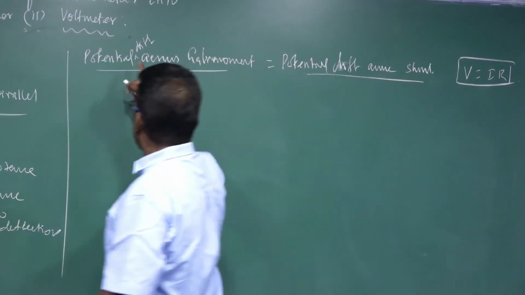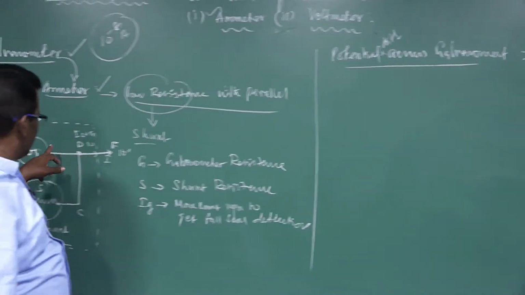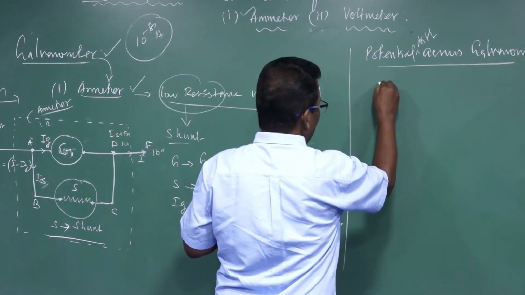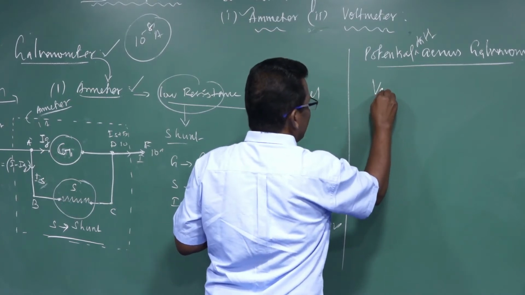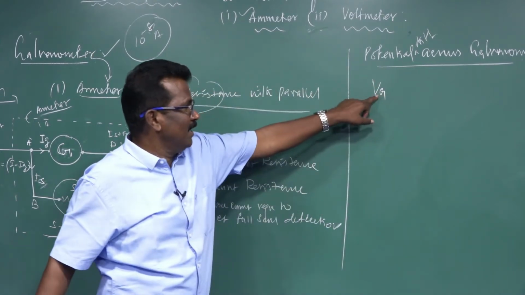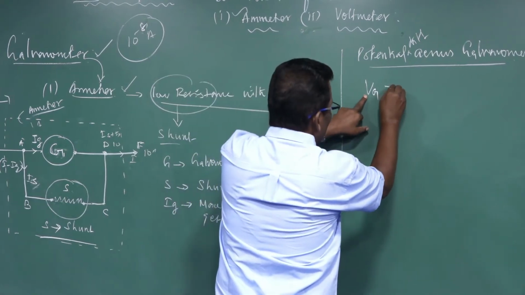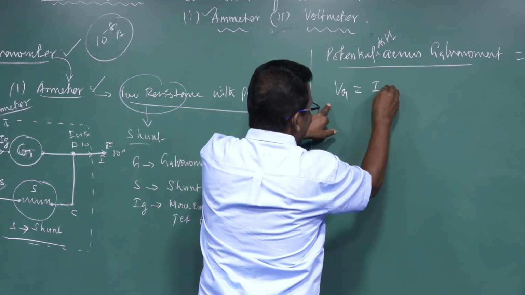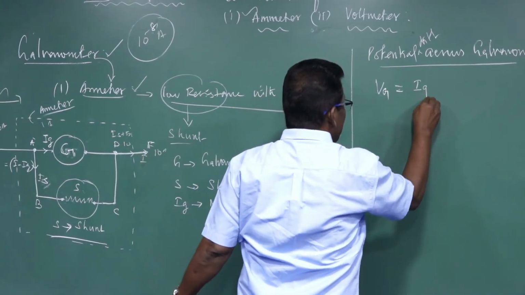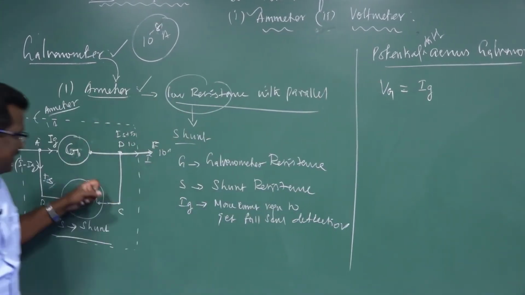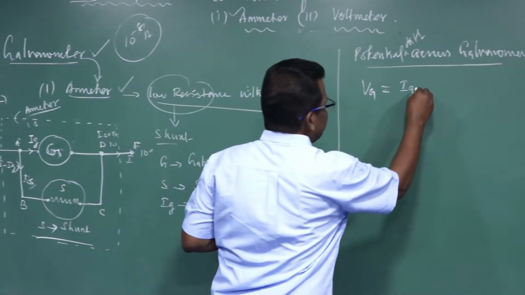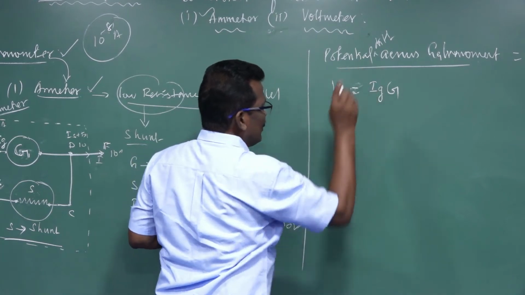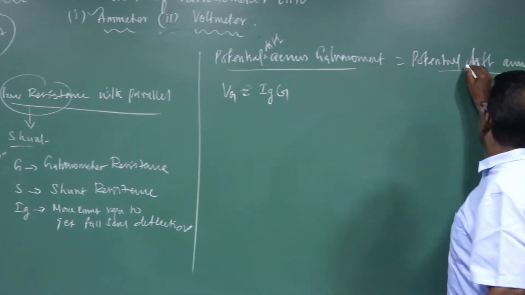The potential across the galvanometer is equal to the potential across the shunt. VG represents the potential across the galvanometer, V is equal to IR, where I is the current flowing through the galvanometer, Ig, and R is the resistance of the galvanometer, G. So VG is equal to Ig into G. What is the potential difference across the shunt?